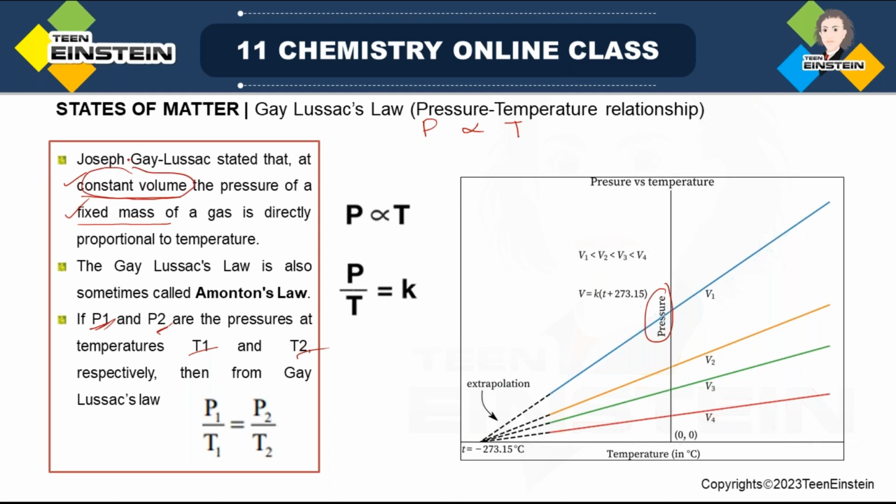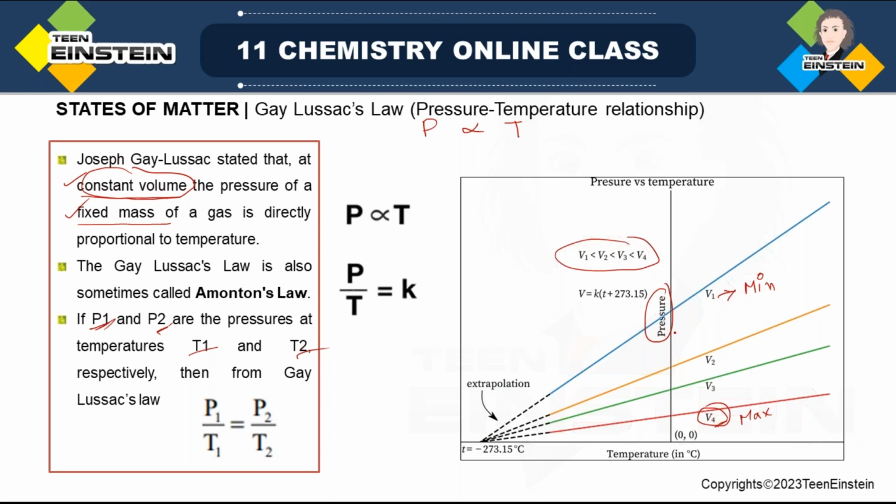So if we change the volume, obviously the line will be different. So 4 different volumes we have taken, and V4 is max, V1 is minimum. Here also you can see, as V1 is minimum, the corresponding blue line has maximum pressure, and for the maximum volume the pressure is minimum, which is basically Boyle's law.